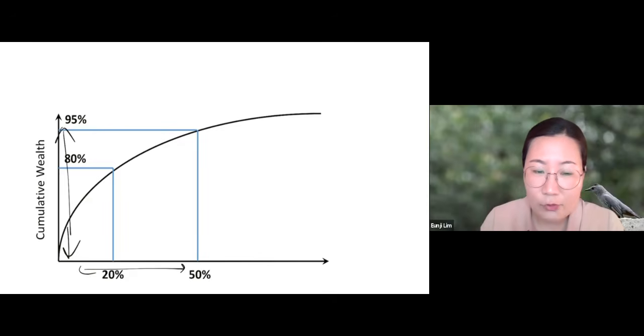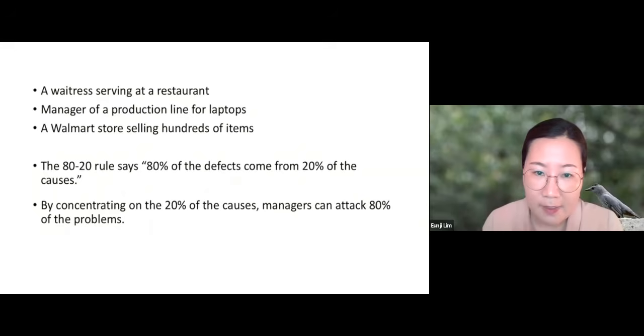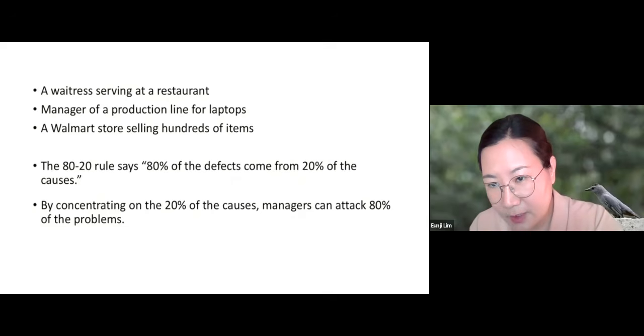Now, we can apply this idea to many areas. Let's say I'm working as a waitress in a restaurant. I receive many complaints from my customers. According to Pareto's idea, most of the complaints come from a small number of areas, and by improving these areas, I can get rid of most of the complaints.